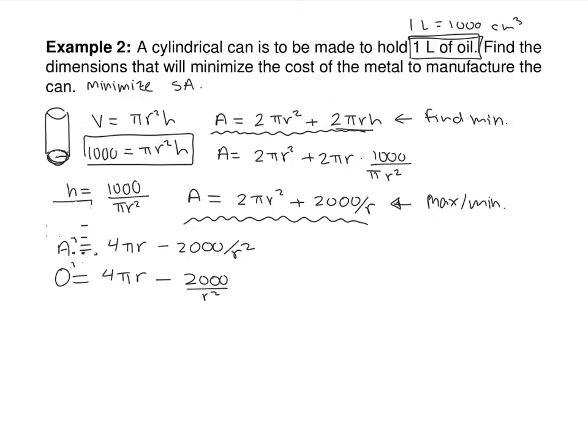I'm going to add the 2,000 over r squared to the 0. So I get that. What next? Sure. 2,000 will equal 4 pi r cubed.